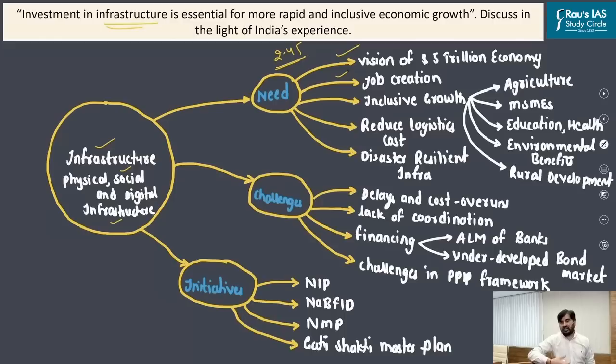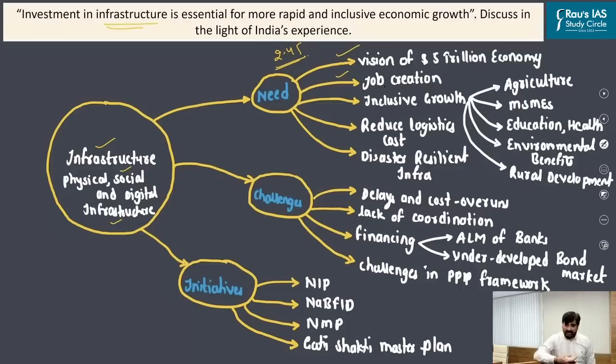But the problem is the share of the manufacturing sector in terms of GDP as well as in terms of contribution to employment has remained stagnant since the 1991 economic reforms. Even today, the manufacturing sector contributes only around 17% to India's GDP, and only around 12% to India's employment. So the manufacturing sector is not something we can rely on as of now to create jobs. The savior for us right now can be the infrastructure sector.